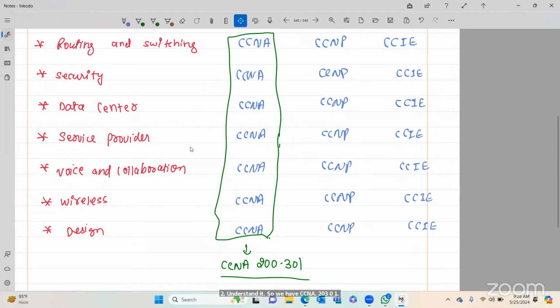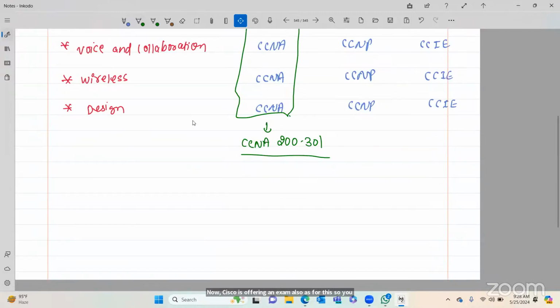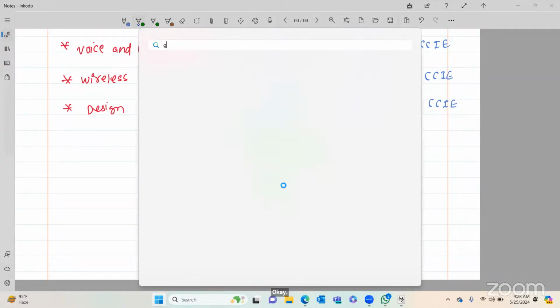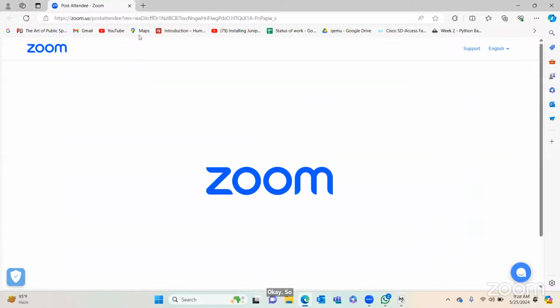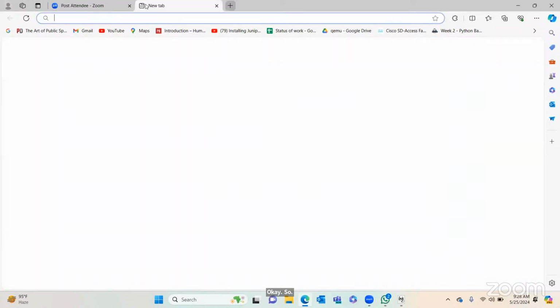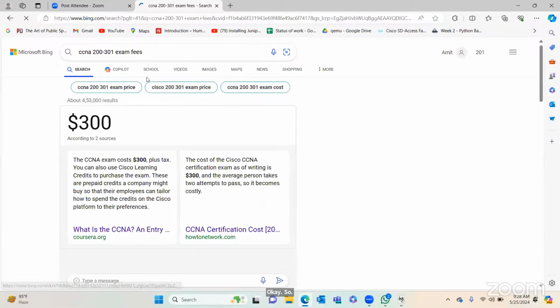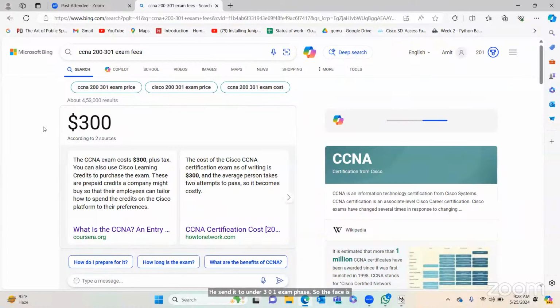Now Cisco is offering an exam for this also, guys. So you can appear for the exam, and the cost is almost $300. The CCNA 200-301 exam fee is $300. So the amount is variable for us. Why?